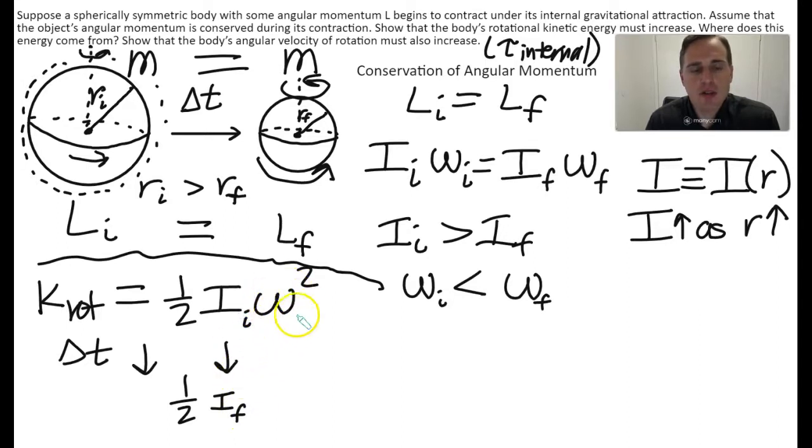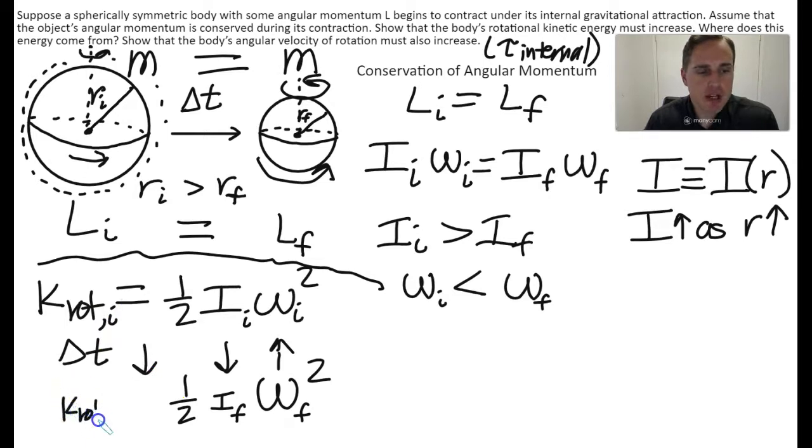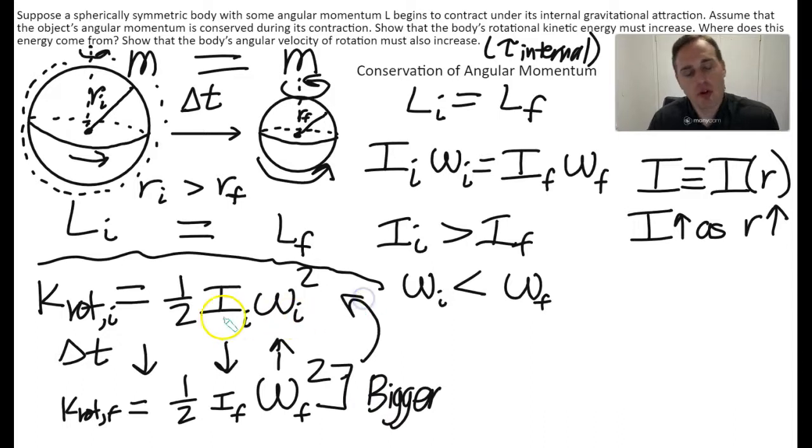And let's suppose the angular velocity increases. So omega final is larger than omega initial. But when you square that, I think that the final rotational kinetic energy, so this is K rotational final, should be bigger than the initial rotational kinetic energy.